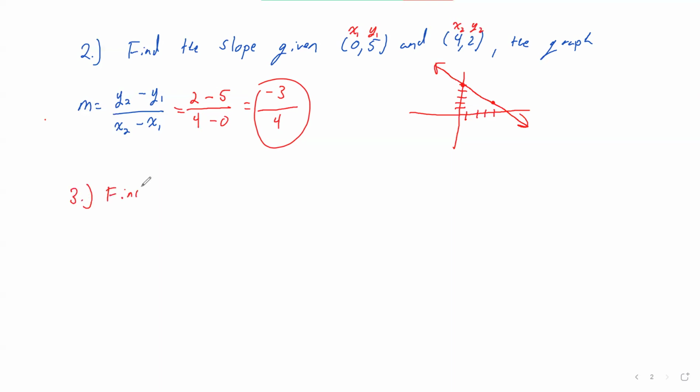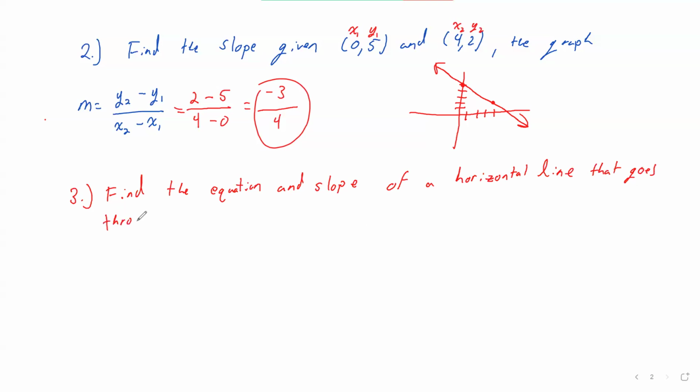So what they want us to do now is find the equation and slope, and you need to find slope to find the equation anyways, of a horizontal line that goes through the point 3, -2.